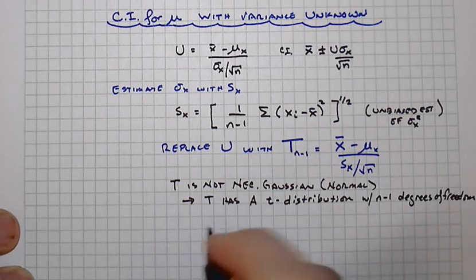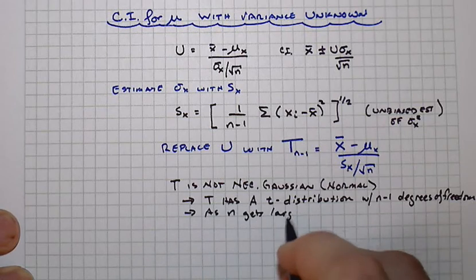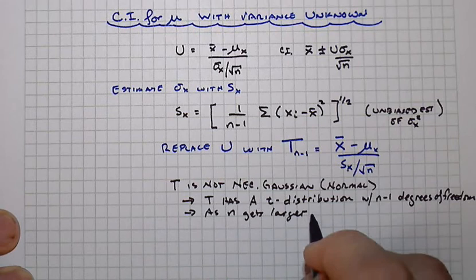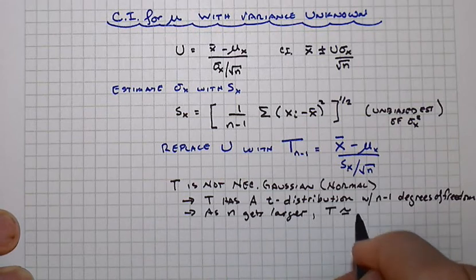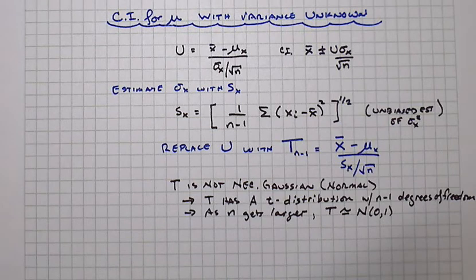And as n gets larger, if it gets large enough, the t distribution will turn out to be normal with mean of 0 and standard deviation of 1. Let's take a look at what this distribution looks like in terms of shape with a figure in your textbook.